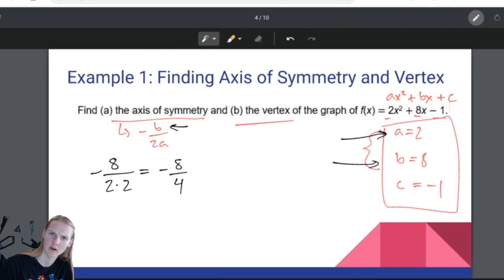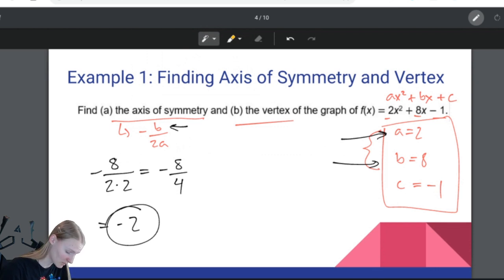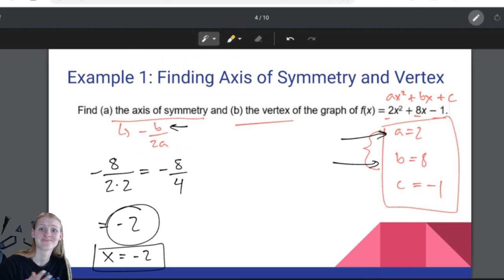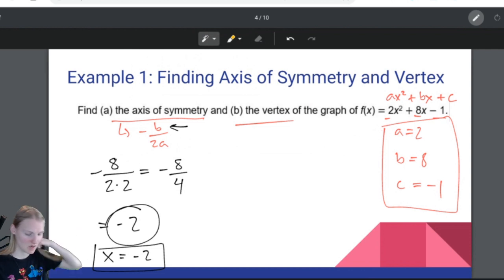What's negative 8 divided by 4? That is negative 2. So the axis of symmetry is x equals -2. That's it. For this problem, all you have to do is plug in a and b. And you get -2. Awesome. Fantastic.